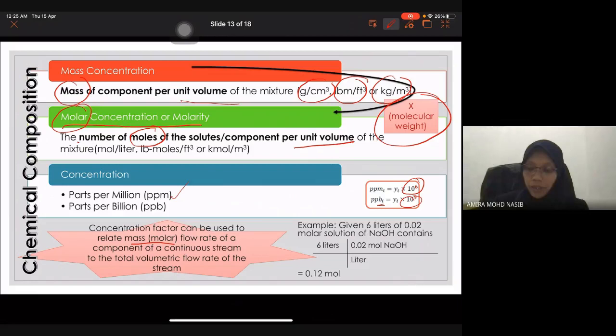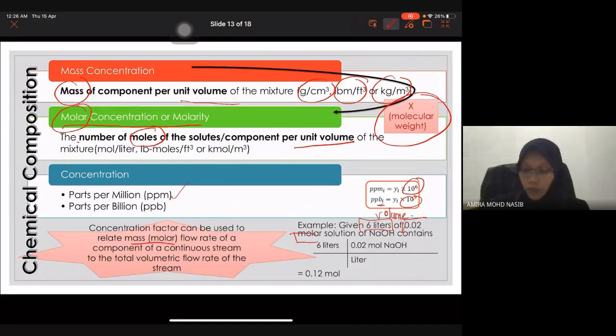Alright, so given this example, given 6 liters of 0.02 molar solution, so this molar solution contains, so this 6 liters is the volume. This one is your molar. They're asking how many moles of NaOH.